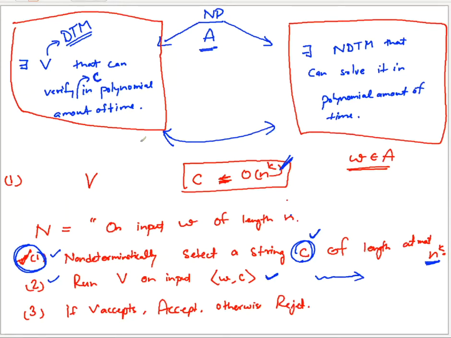Now let's see the other side. Suppose that there is a non-deterministic Turing machine N already given, and now you want to take this definition to design a verifier for it. So my verifier will look like this. In the verifier, what is the input?